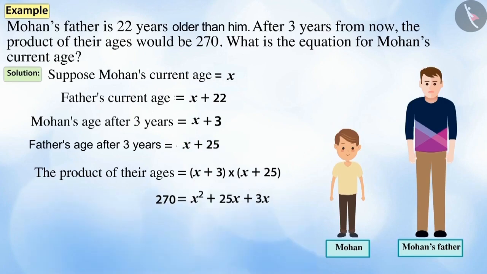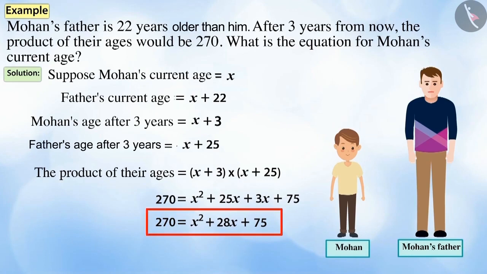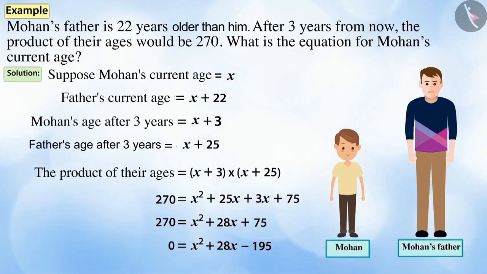Upon solving it, 270 is equal to x to the power of 2 plus 28x plus 75. We see that on the left-hand side, we have a constant and on the right-hand side, we have a quadratic polynomial. Let's write the obtained quadratic equation in the standard form. We get x to the power of 2 plus 28x minus 195 equal to 0.